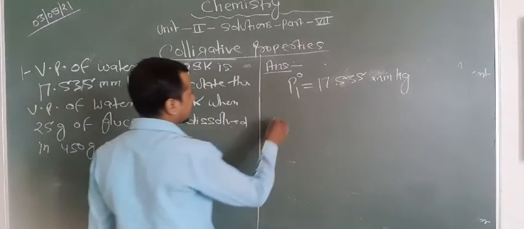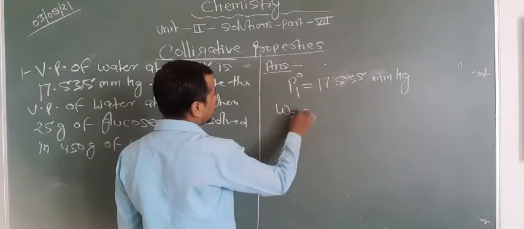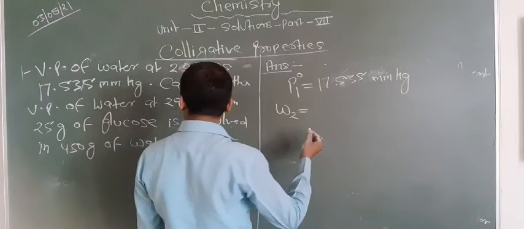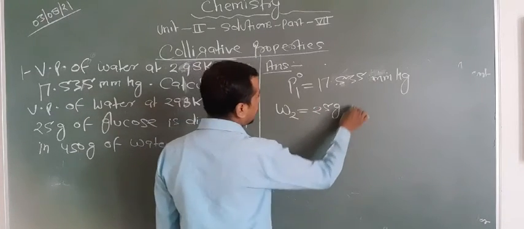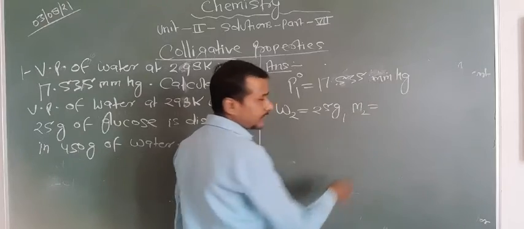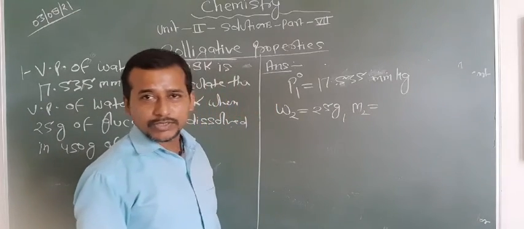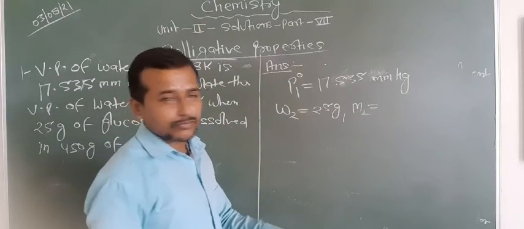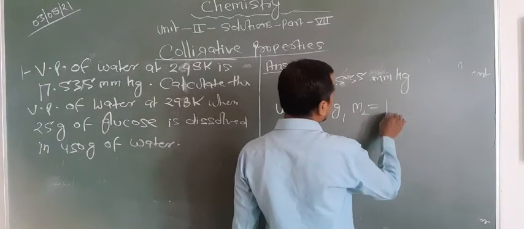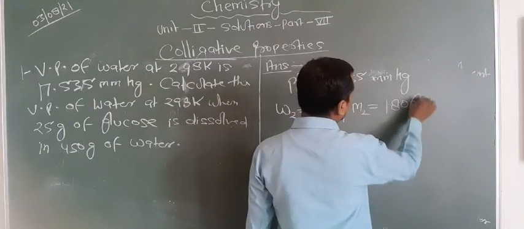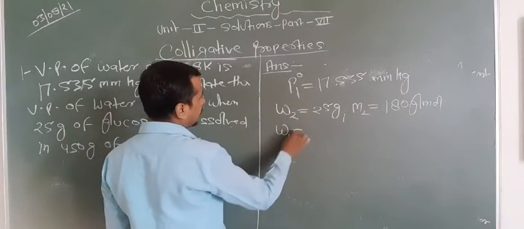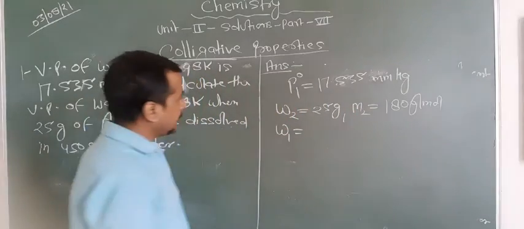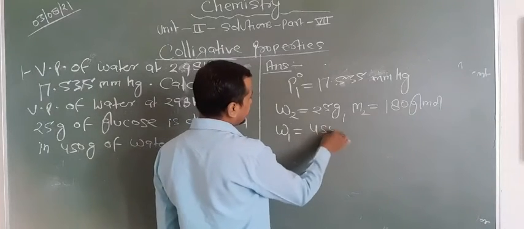Now the weight, that means you can say W2, is given. Glucose is the solute, so this is given as 25 gram. And we know that the molar mass of glucose, you can find by the formula, glucose means C6H12O6. That's why the molar mass of glucose is 180 gram per mole. Similarly, W1, that is the mass of solvent, is given as 450 gram.